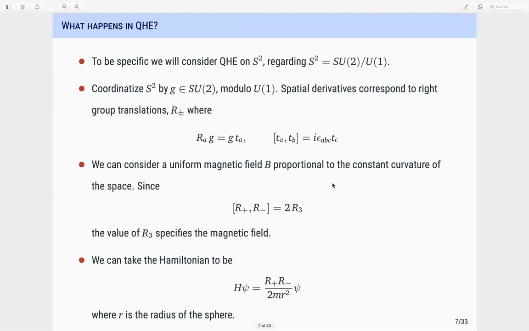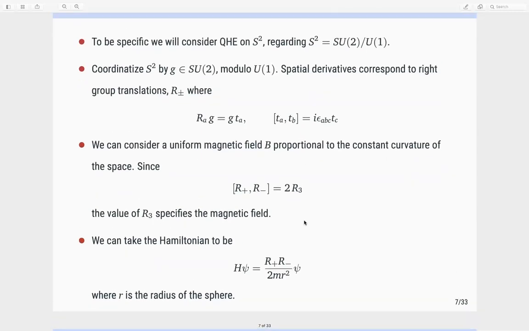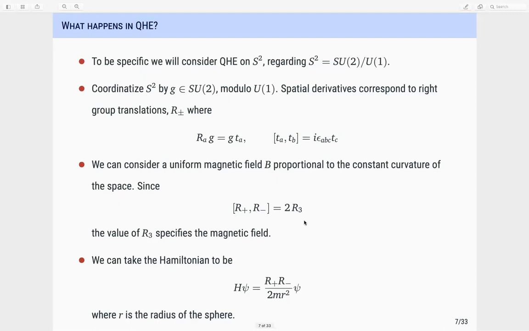So we can make a constant magnetic field on the two-sphere. And because the translation operators R plus, R minus commute to R3, a la the SU(2) algebra, we see that since the commutator of covariant derivatives must be the magnetic field, the R3 value must specify the magnetic field. So it is then fairly straightforward to calculate wave functions and so on for this problem.